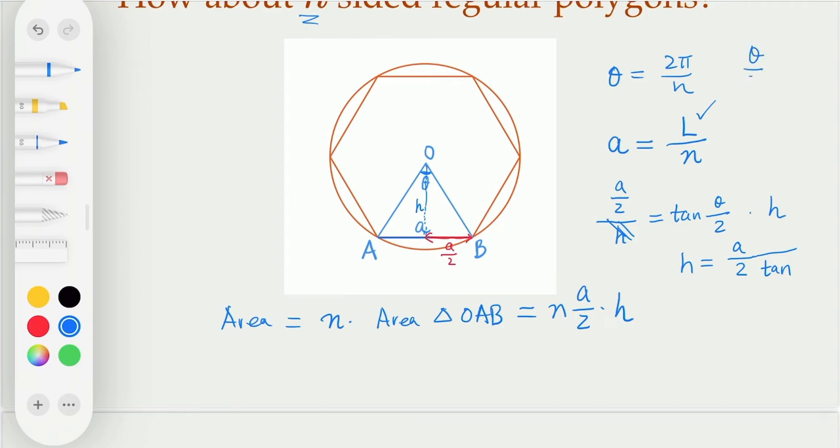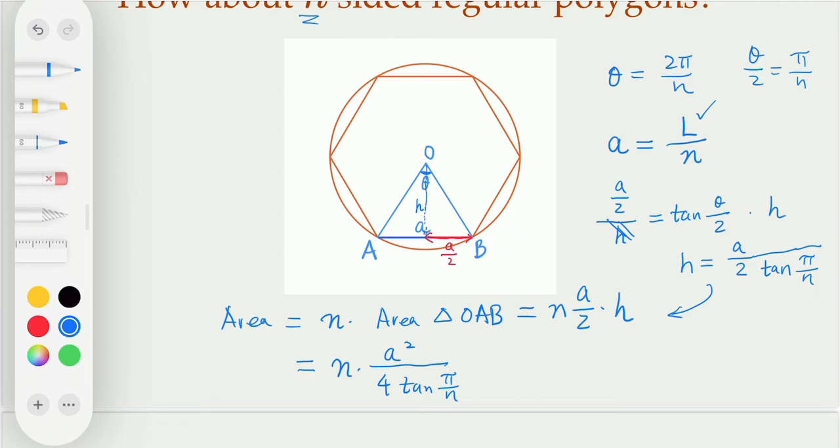Theta over 2 equals pi over n. So plug in here, in this equation, what we get is, it's going to equal n, and h gives you A squared over 4 tangent pi over n.